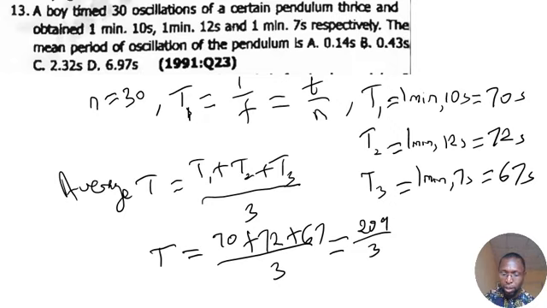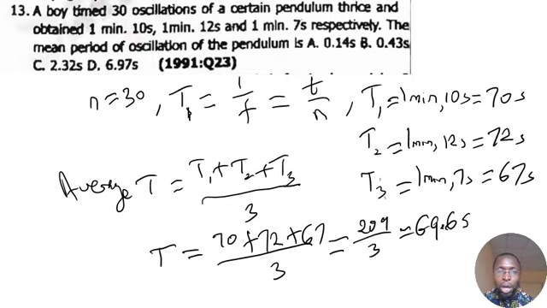So this is equal to 69.6. Now you could see that this is the time. This is actually small letter t, it's not capital T, so take note of it.